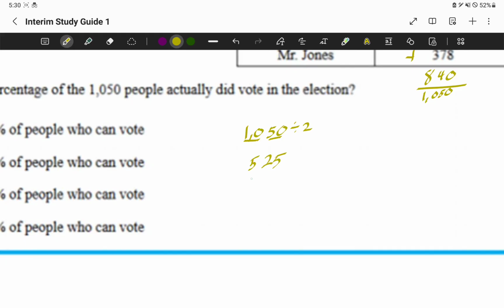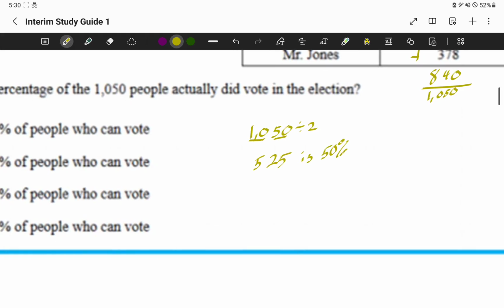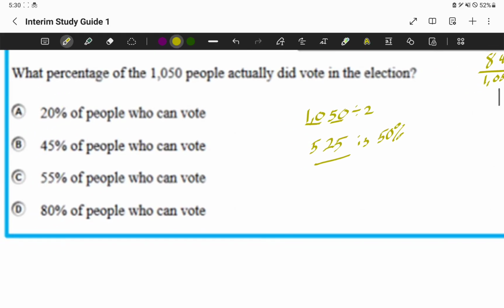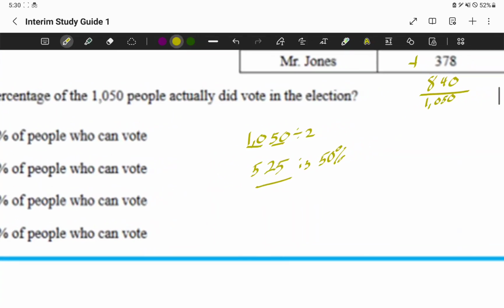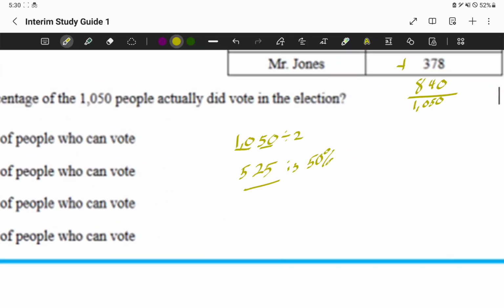So here's 50. So this is 50%. Well, 840 is more than that. So that means A and B are definitely gone. Because it can't be 20% or 45% if it's more than half.